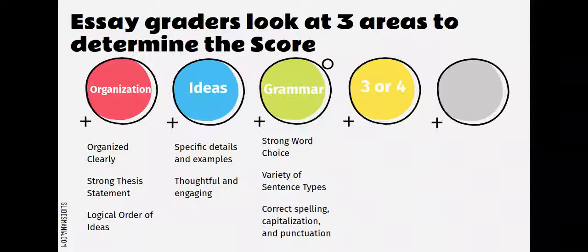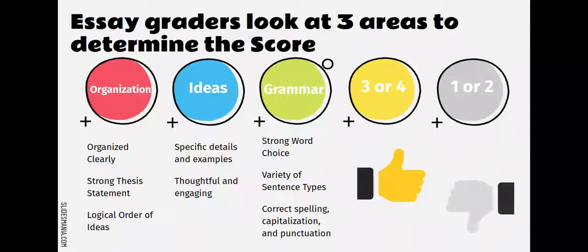Now, if you do all of those things well, you will score a 3 or a 4, and those 2 scores are passing. If you get a 3 or a 4, you pass the written composition part of your STAAR test. But if you don't do some of those things very well and you get a 1 or a 2, that means you didn't do a very good job and you did not pass the essay. 1 or 2 is a failing grade on the STAAR essay.